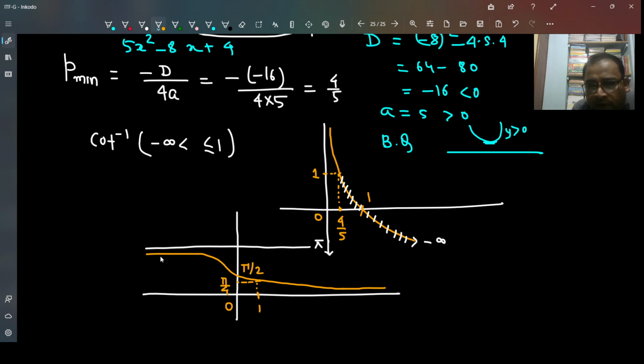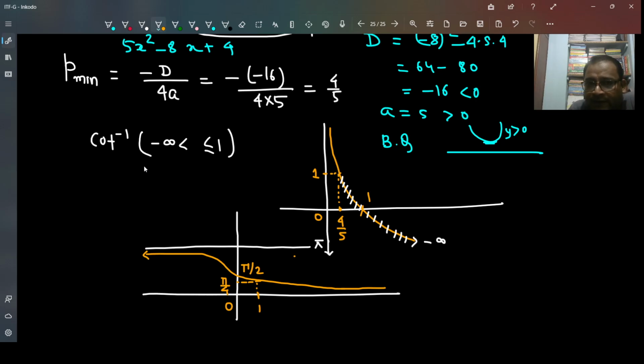And when x tends to minus infinity, that means your cot inverse tends to infinity. Since cot is a decreasing function, if you give a larger input, it will generate the minimum value. And if you give the lower value, it will give the greater value. Okay, now.